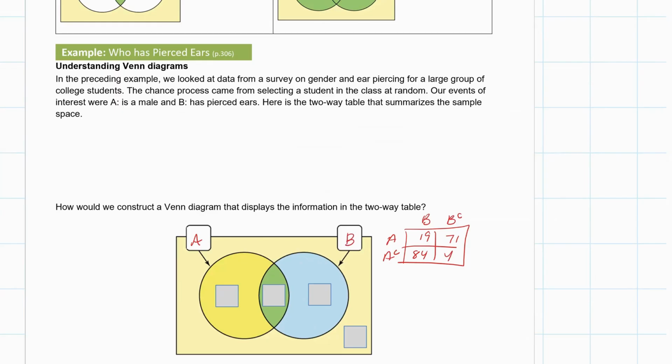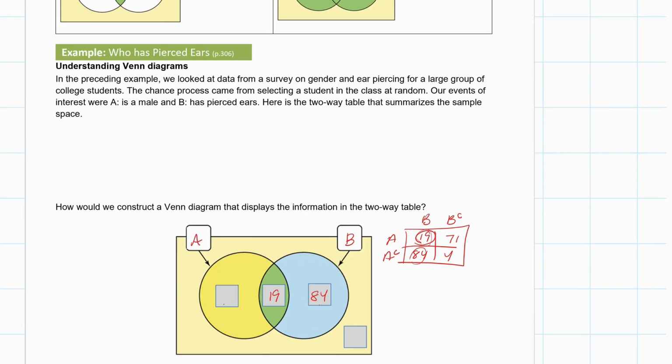If this is event B, we can think of this space here as being event B but not event A. That's the 84 non-males that are pierced. This number is where the overlap is, the 19 that were male and pierced.